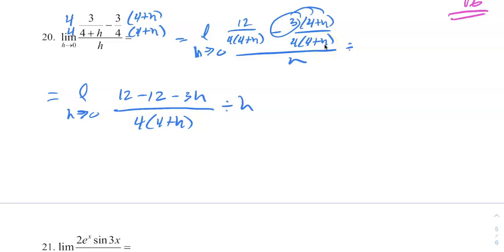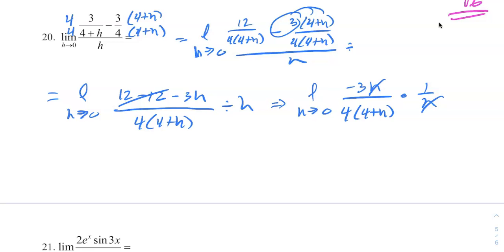So just make it a little easier to see. Now look what happens. These cancel out. All we have is the limit as h approaches 0 of negative 3h over 4 plus h, divided by h. So I'm going to multiply by that. Dividing by h, multiply by the reciprocal.